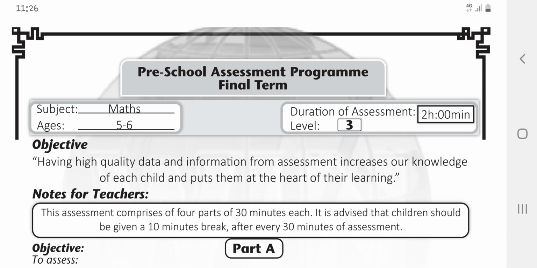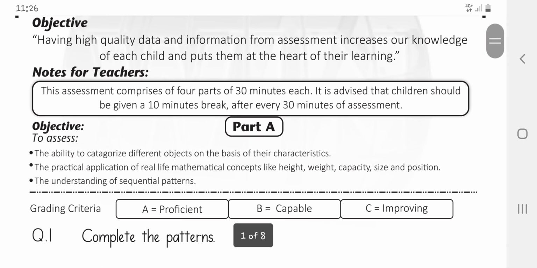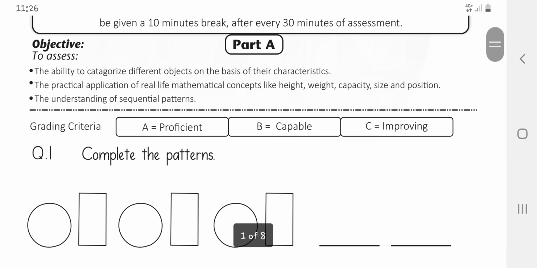And this way, we will complete all the three core subjects that are taught at preschool level in most of the schools. This assessment comprises 2 hours and 4 parts, and every part tackles a different skill, a different ability, different capabilities in that particular area.